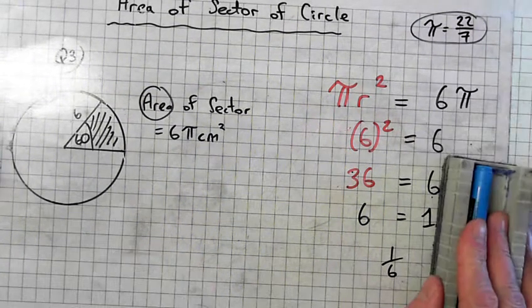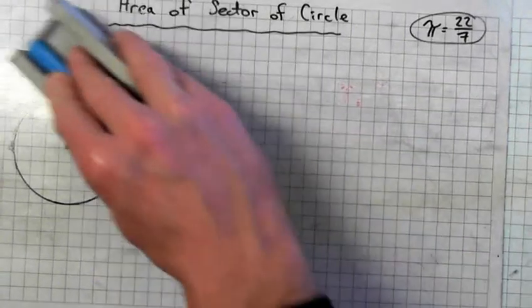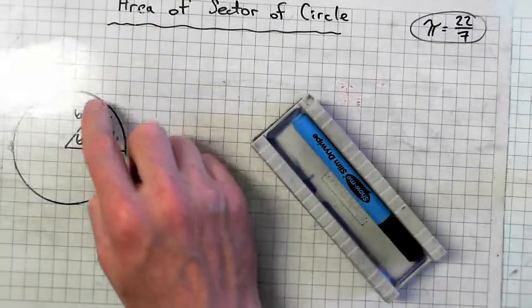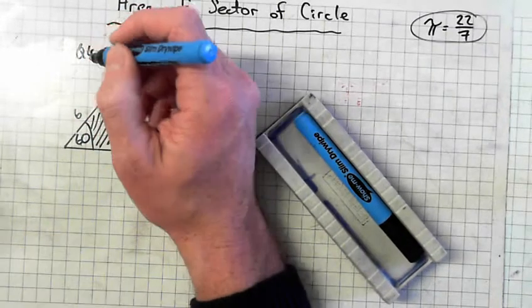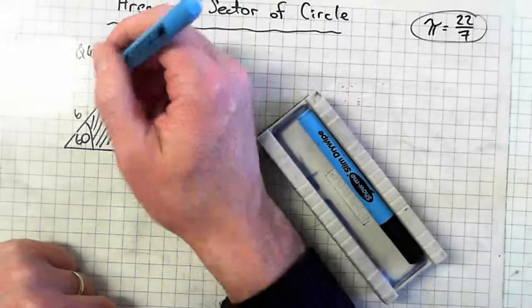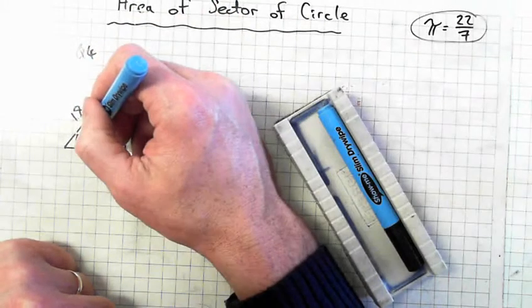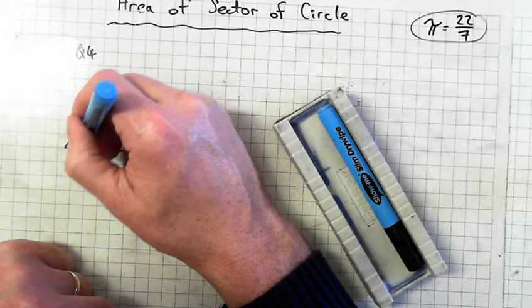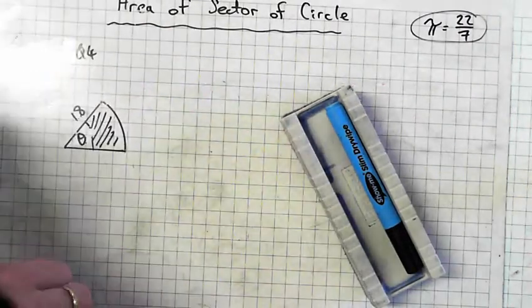I'll go through question 4. Question 4, the radius is 18. We have an angle and the length of the arc.